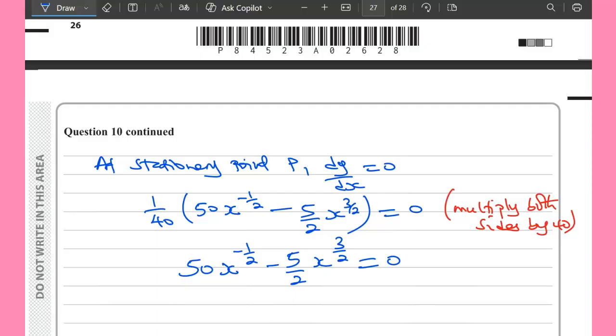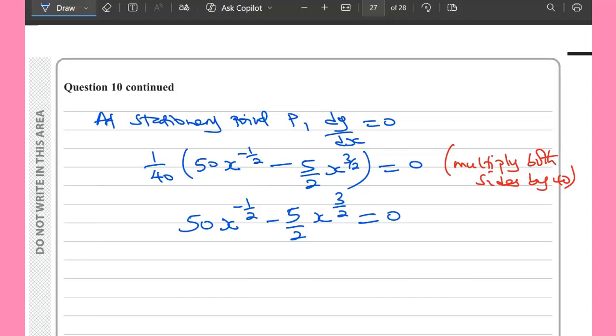Now we can multiply through by x power half to clear the negative power. Since power half is common, we can factorize.